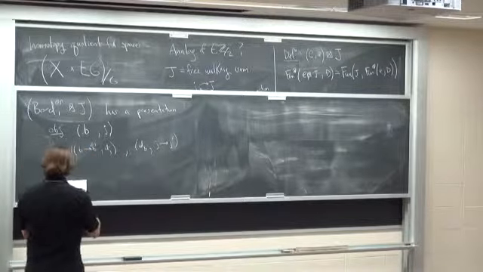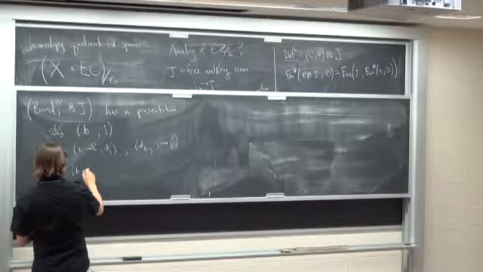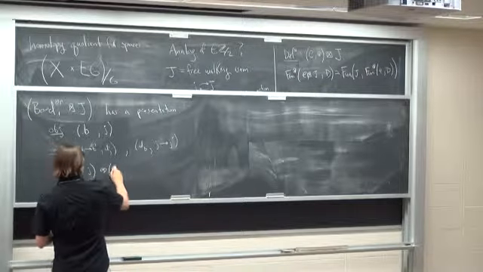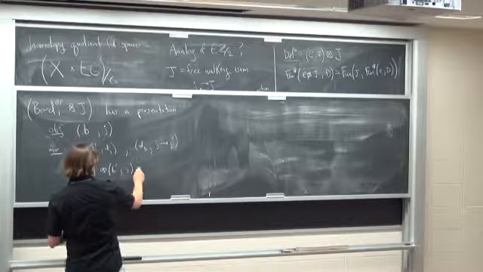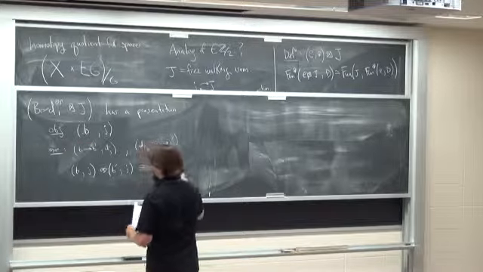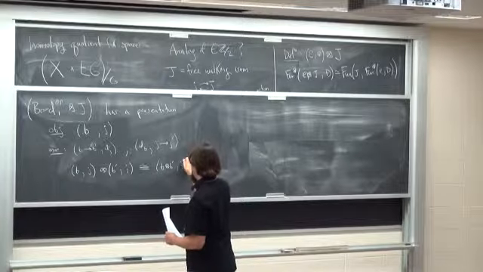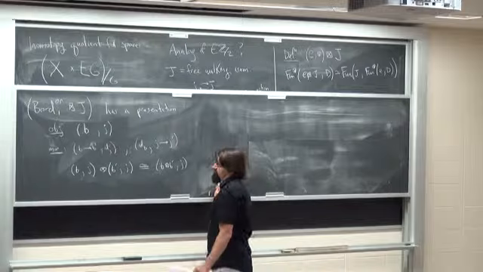Or there's a morphism which says that if we take B and J, and B prime and J, then there's an isomorphism between that and B tensor B prime and J. So if we have the same J, we can collect terms.